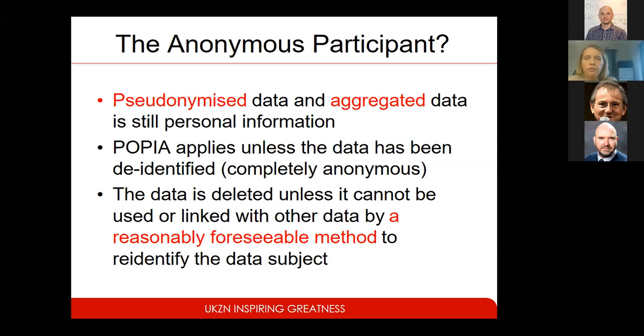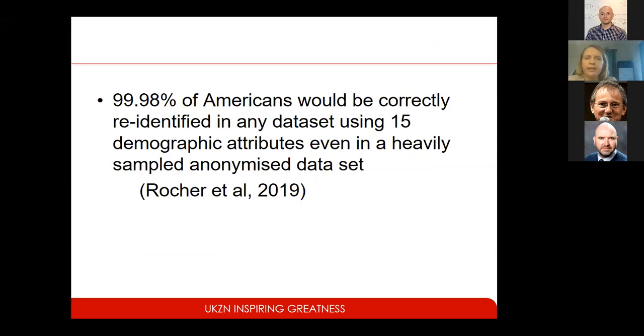So in today's overview, we don't have time to talk about this, but there are a number of studies showing how difficult it is to in fact truly anonymize data. The standard techniques of simply pseudonymizing data and replacing names with codes is not anonymizing the data.